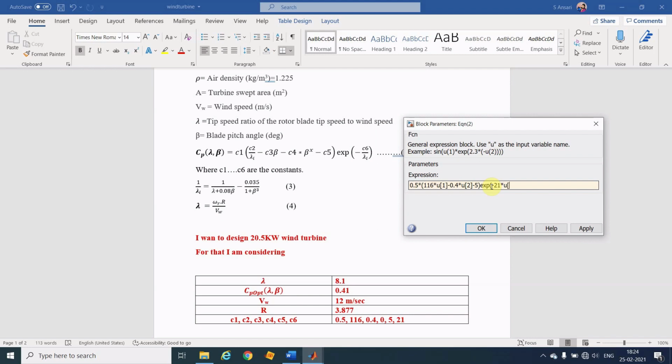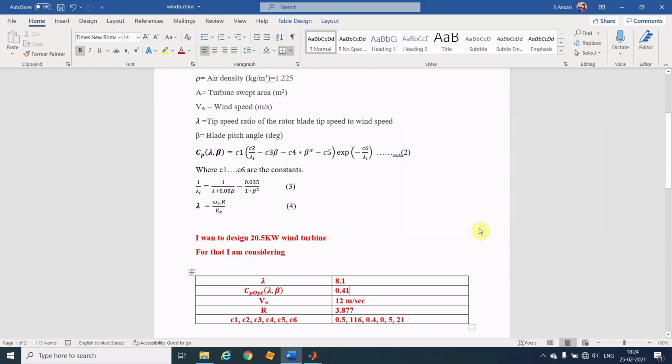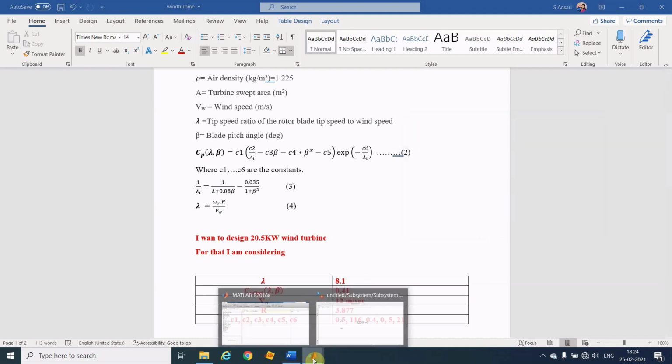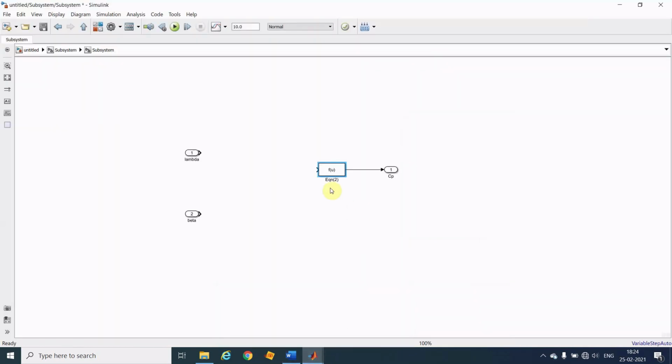So u1. Okay, close the bracket. So I'm very hopeful that there is no syntax error. Okay, so this one is equation 2.